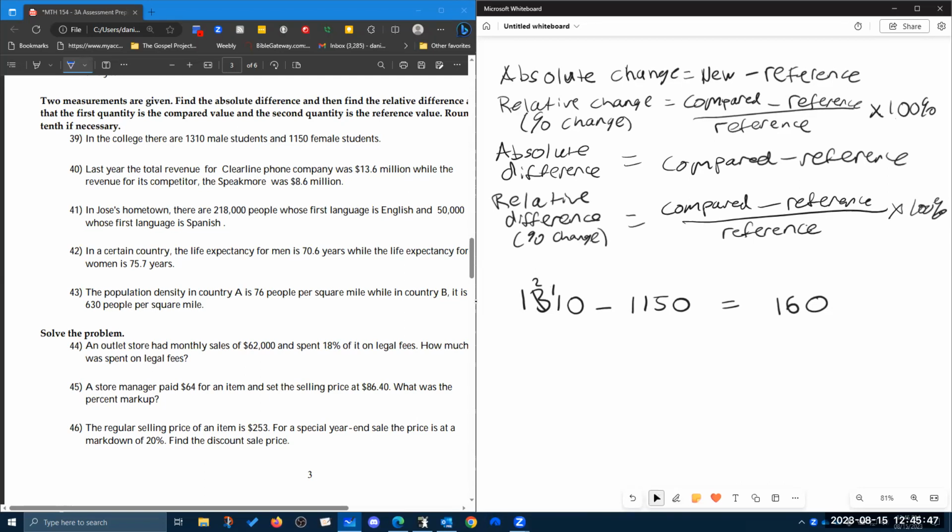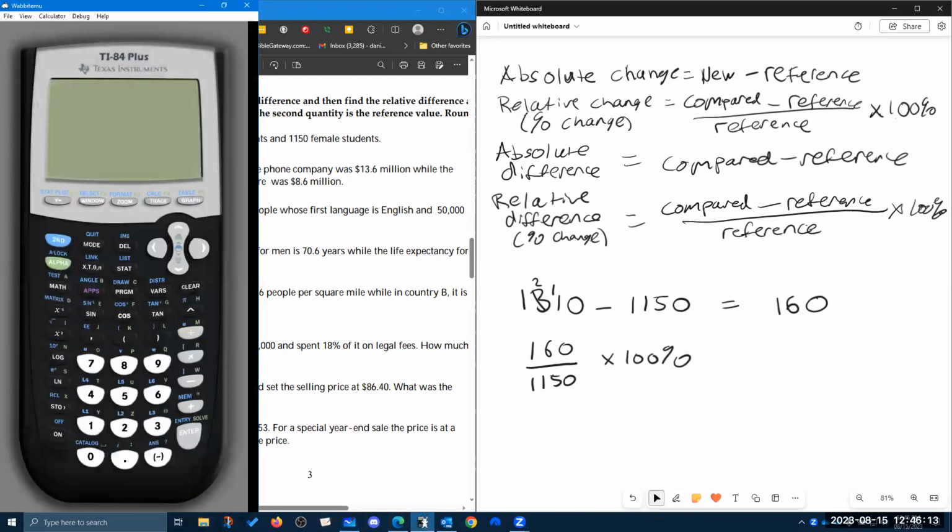Now let's change that to a percent difference. And so that absolute difference here of 160 is going to get divided by my reference value, which is the second quantity here, the amount of female students, times 100%. Let's do that in the calculator. So 160 divided by 1150.